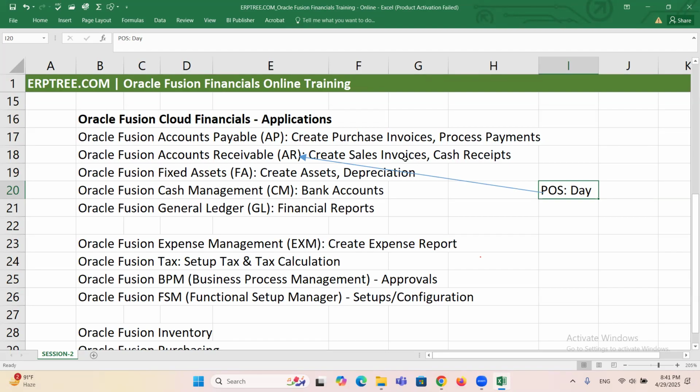From there they will interface the data and send it to the receivables application with the logic of how many invoices and how many receipts need to be created. In reality, for the entire day's sales, they create one sales invoice and one receipt and bring it into Oracle receivables.